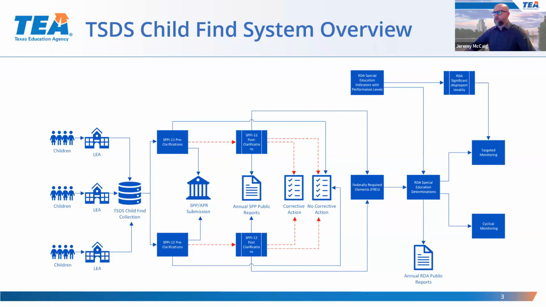Here at the state level, we do then make our compliance determinations based on the post-clarification data. So if you've been able to participate in clarifications and clear some things up, and in your district, you've been able to come to 100% compliance, all Child Find students evaluated on time, then you receive that post-clarification indication of compliant, which is always where we want to be.